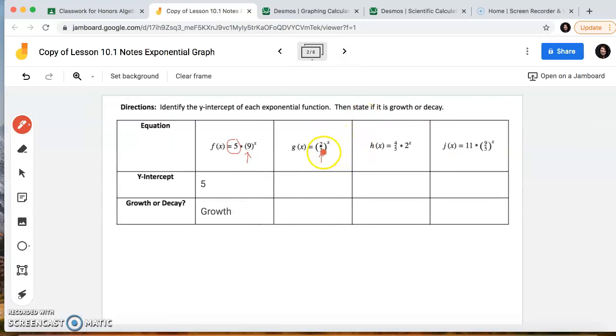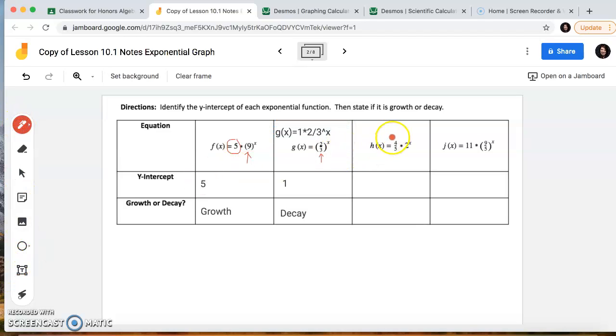So this 2 over 3 has the exponent. That's our b value. It's less than 1, so it's decay. And then our y-intercept is going to be 1. And if you're like, well, how's the y-intercept 1? Let me show you. There's an invisible 1 here. It's like 1 times 2 over 3 to the x. And you just don't have to write that 1. So that y-intercept is 1.